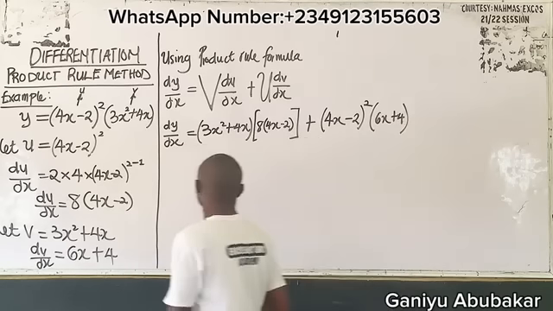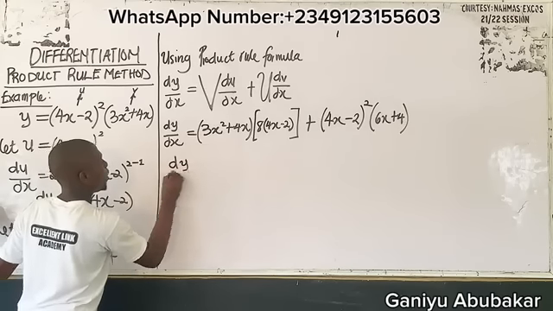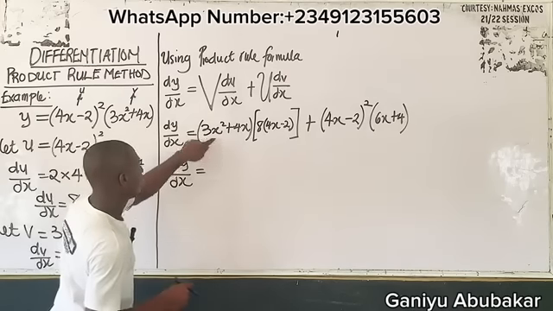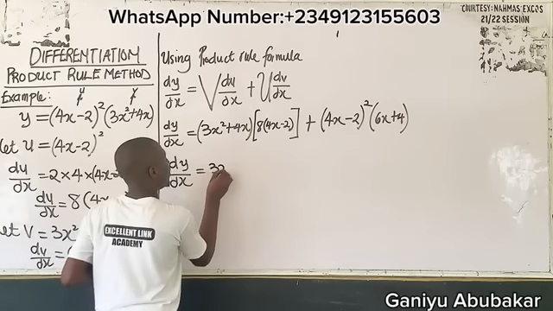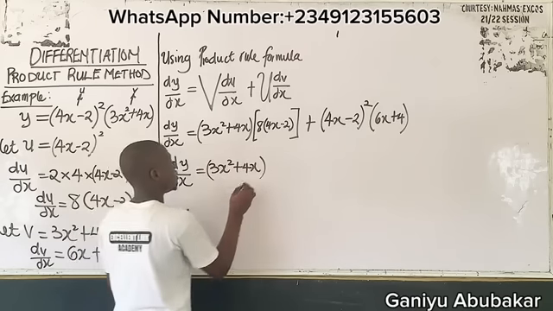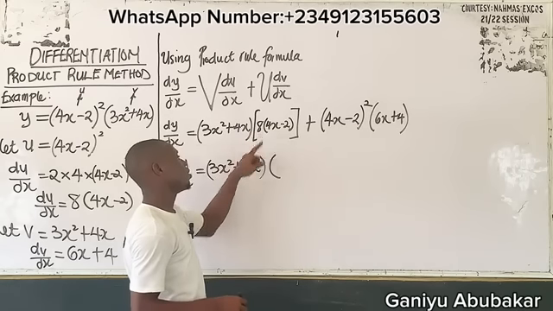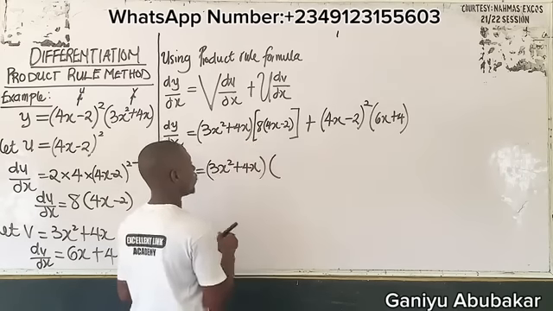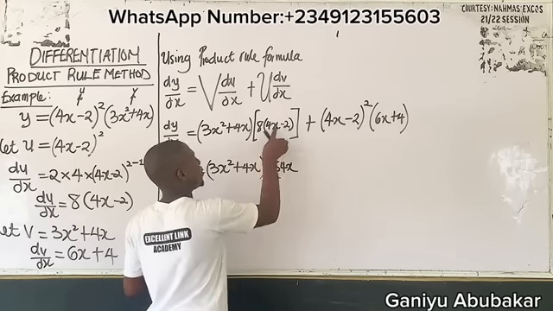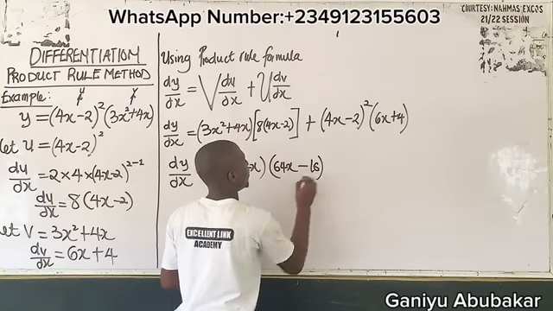All right, let's try to simplify this. From here, dy over dx will be equal to (3x squared plus 4x) into, I'll expand using 8: 8 times 4x is 32x, minus 2 times 8 is 16. I have 16 here.